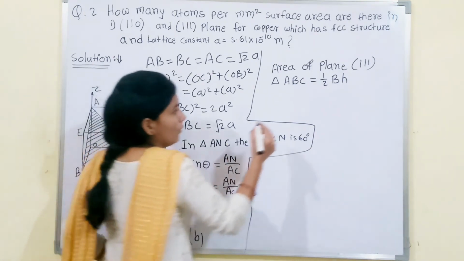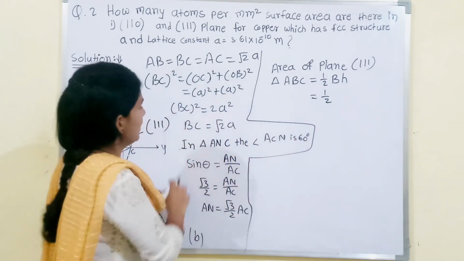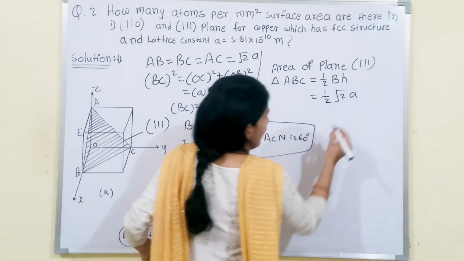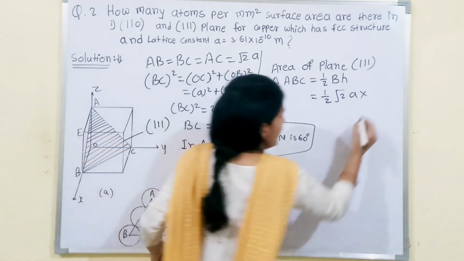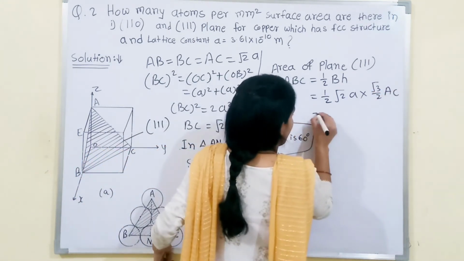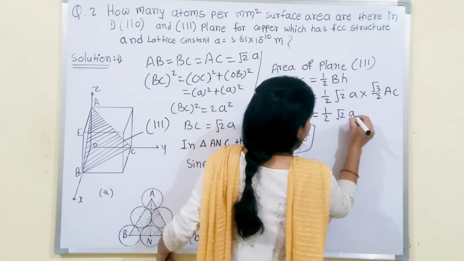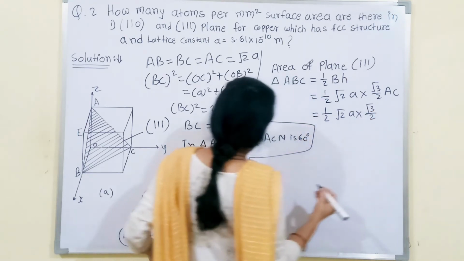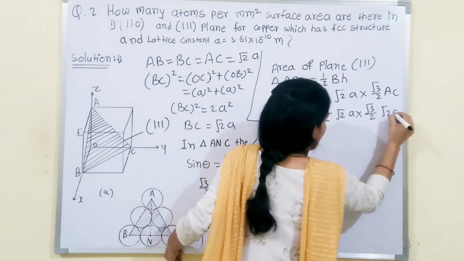So simply write 1 by 2. What is BC? Here we calculated root 2A. And what is the height? AN. AN is root 3 by 2 AC. Simply 1 by 2 root 2A into root 3 by 2. What is AC? AC is also root 2A.